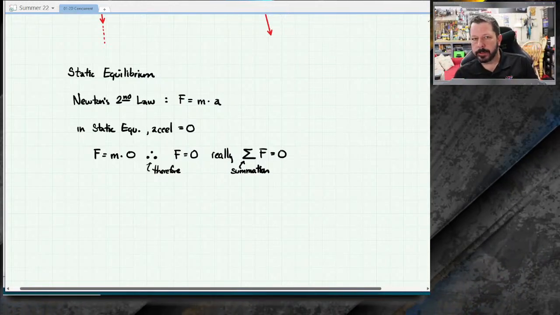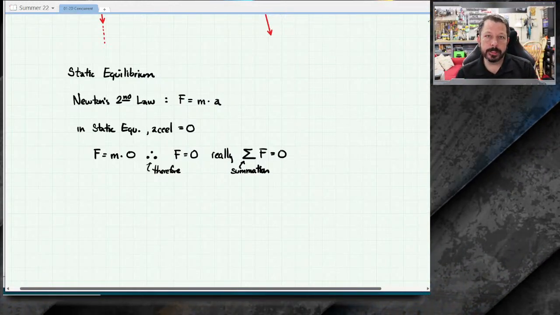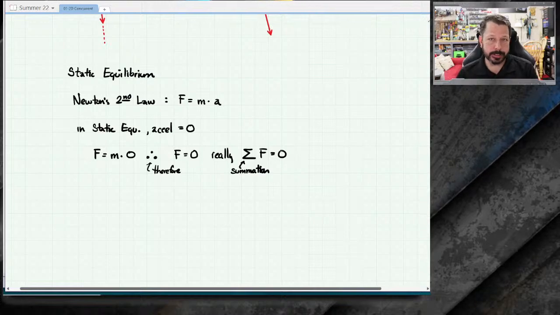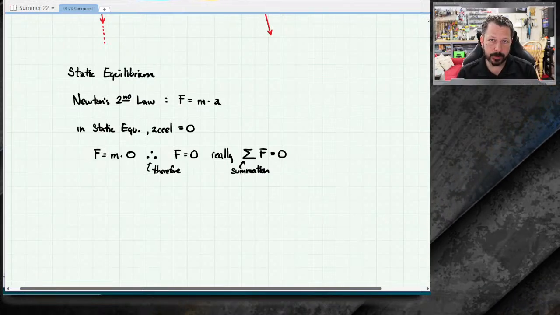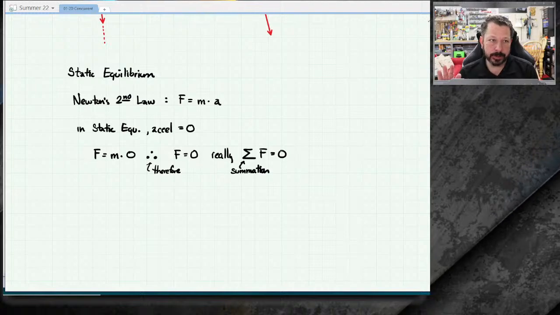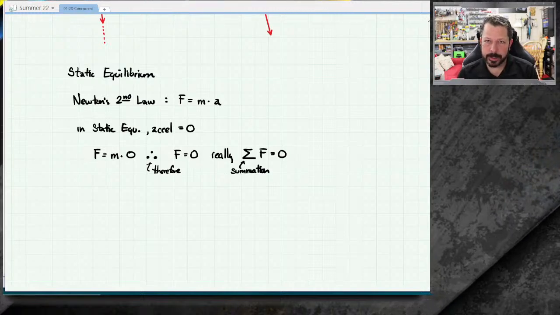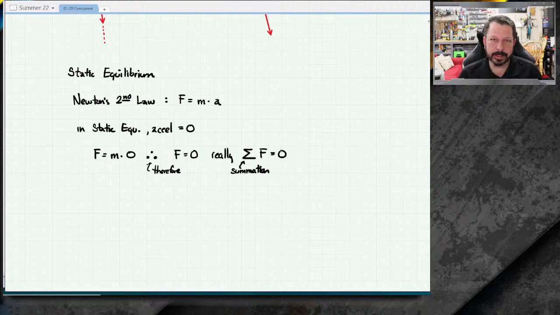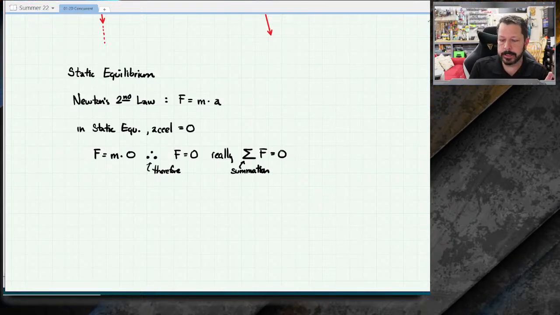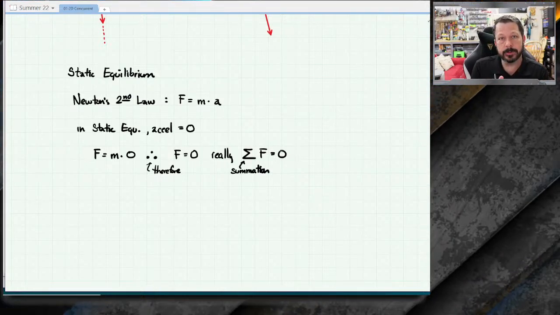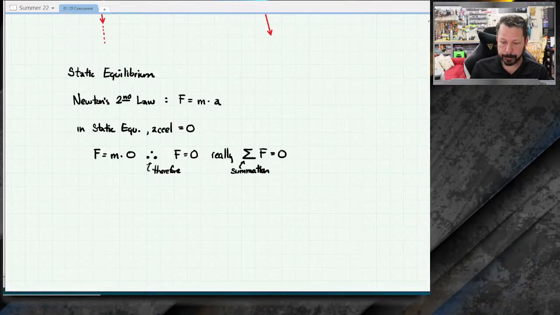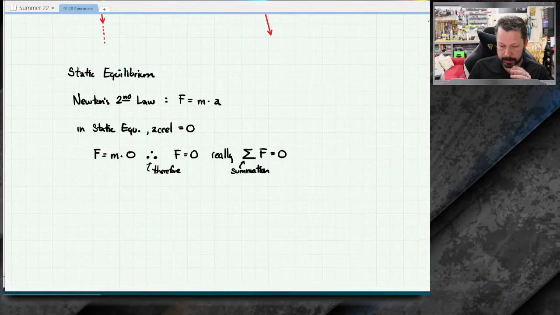And what we're going to do with that is that it's not really just that all the forces add to 0. I've got a 10-pound force going left, and I've got a 10-pound force going up, and they cancel out somehow, or I've got a -5 and another -5. It's not that they add to 0. It's I have to add them in certain directions. So here's where we have a choice to make.